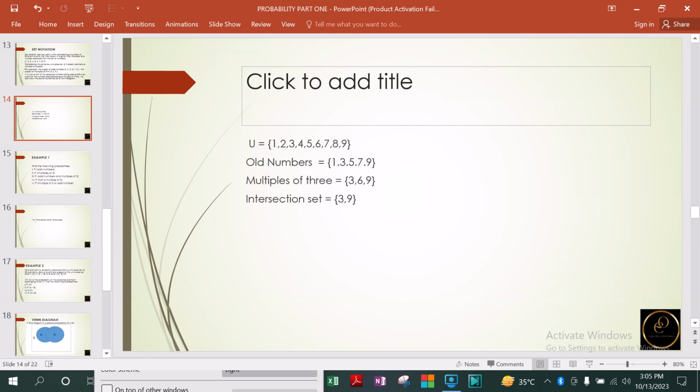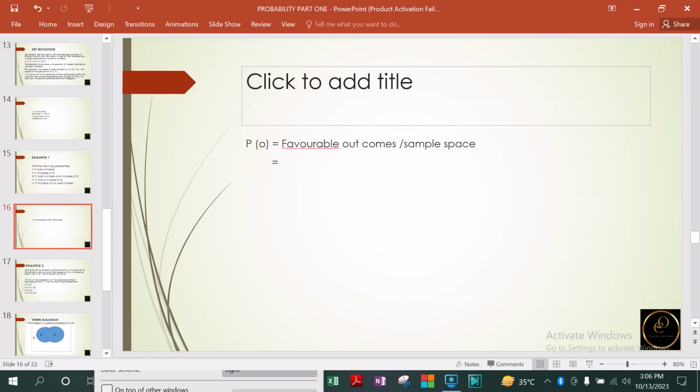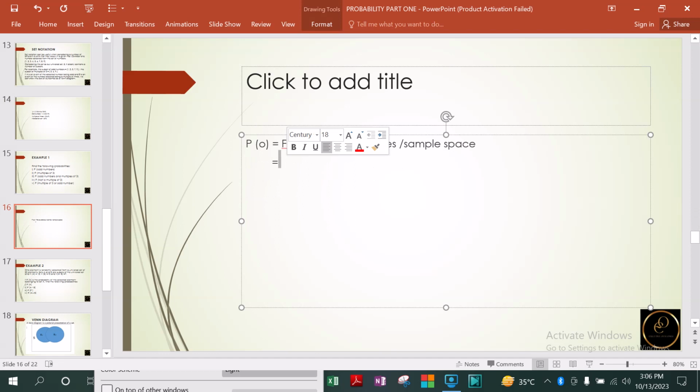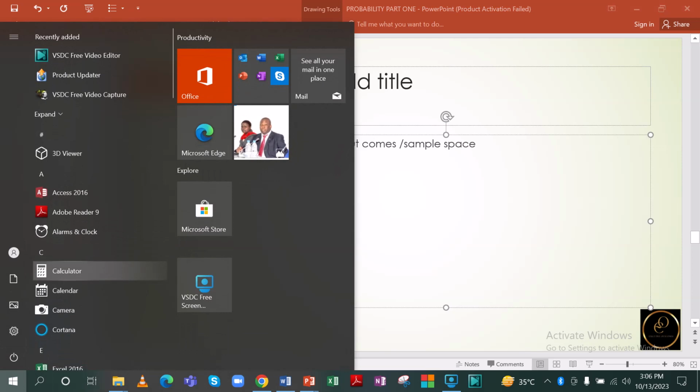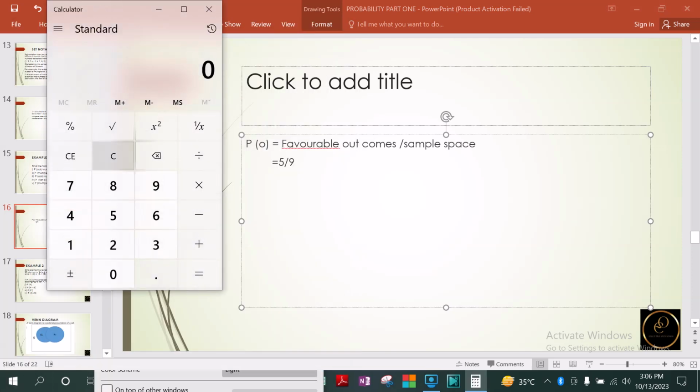There are 9. So when you look at this calculation, the number of favorable outcomes is 5 divided by the possible outcomes, which is 9. That will be the probability. If I use the calculator, 5 divided by 9 gives you 0.555.